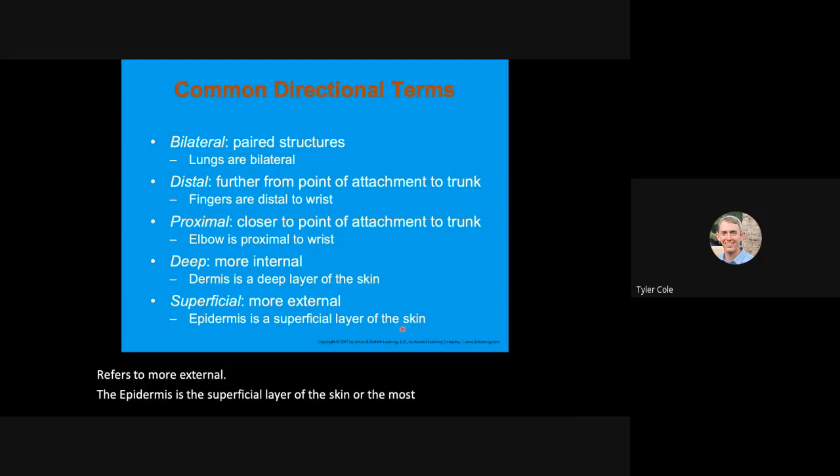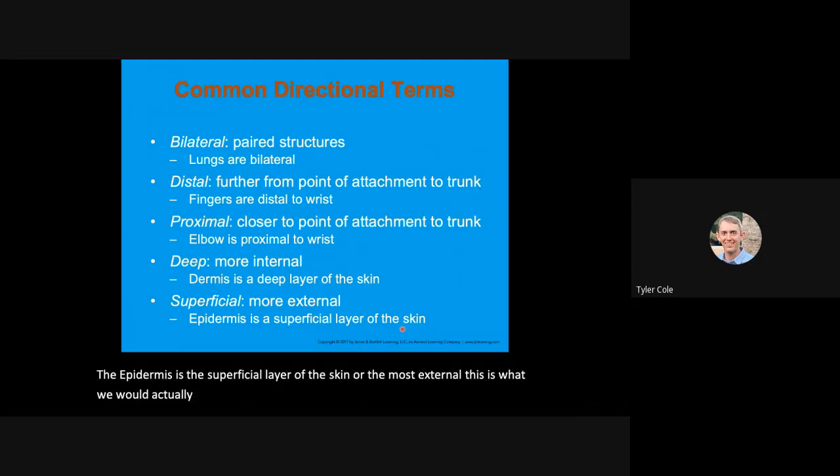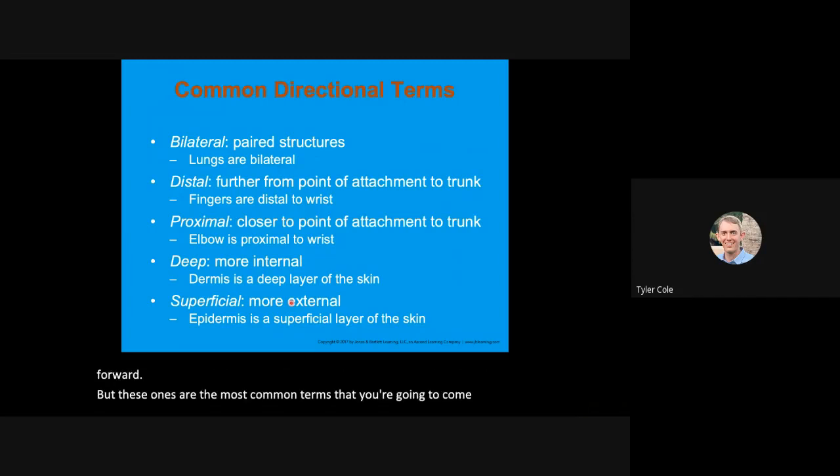This is what we would actually be looking at when we're looking at the skin on the surface. Now, there are many more vocabulary words that you will need to know going forward, but these are the most common terms that you're going to come across on a regular basis.